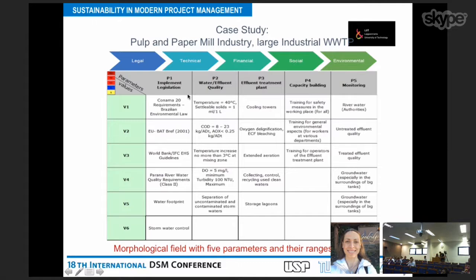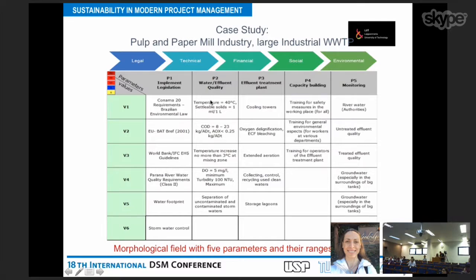First by designing the parameters, for example, which are the main parameters in the pulp and paper mill industry. First parameter, implement legislation. We consider that the sustainability criteria have to deal with legal, financial, social, environmental, and technical aspects. So in the legal aspects, for example, we have to deal first with implementing legislation. And the technical aspects are like, what is the water and effluent quality?